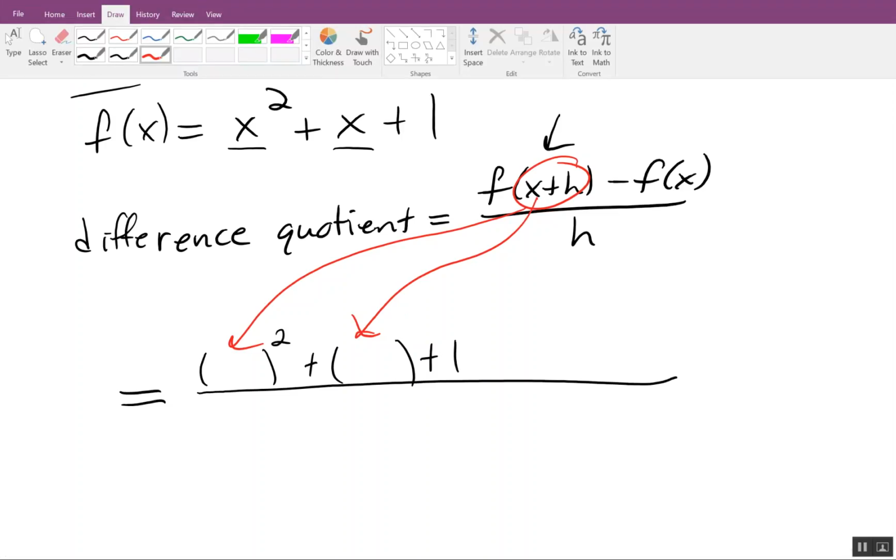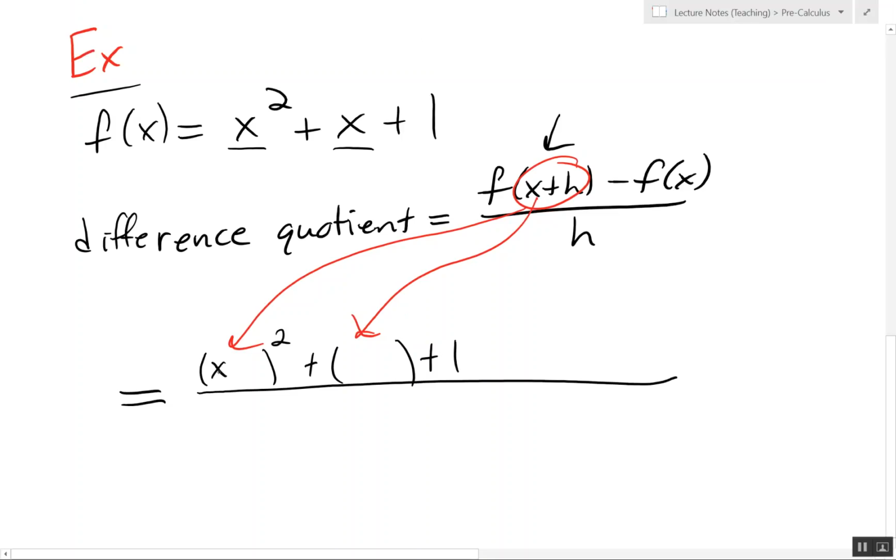So this will be x plus h and x plus h. So this is the first common mistake, is that a lot of people make this substitution wrong, and that's why I made a big deal about using parentheses in the previous video, because that helps in minimizing the errors here.